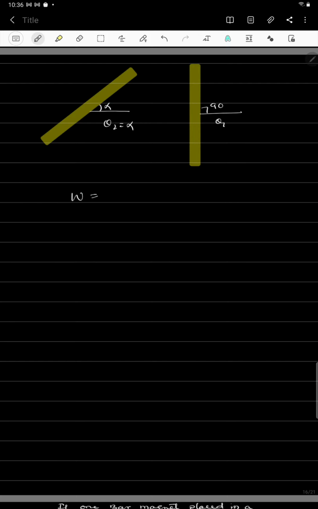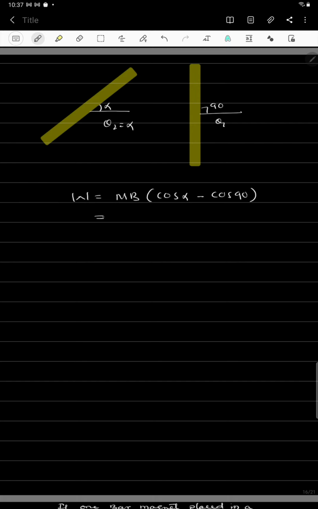Therefore the potential energy of this system, U, is the work, and work is nothing but the potential energy here only. So W equals mB times cos alpha minus cos 90.